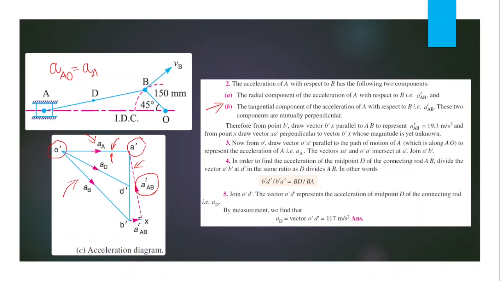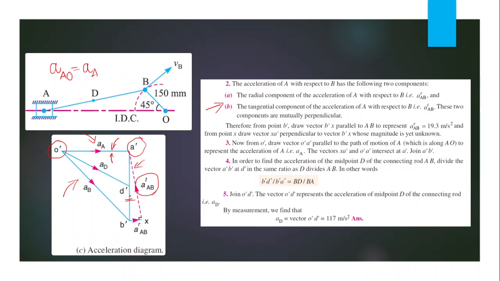Or we can say that the resultant of this radial component and tangential component is this thick line, the closing side of this triangle.